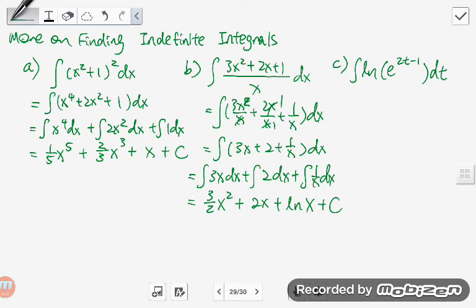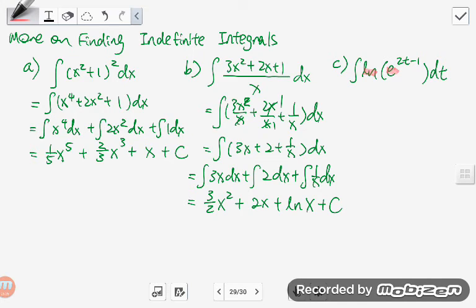All right, let's look at the last one. The last one seems very complicated, right? But it is pretty much testing us on our knowledge of the natural log and the exponential. What happens when I put an exponential function inside a natural log?